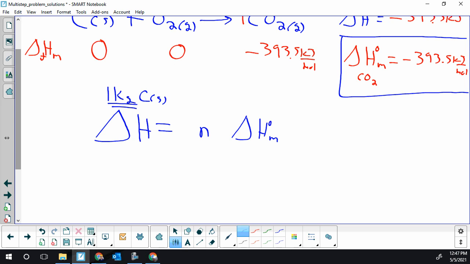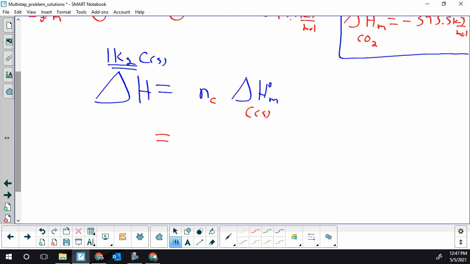of carbon. To emphasize that, I'm just going to put a little subscript C, so that is moles of carbon, and this is the molar enthalpy of carbon. I'm going to solve for my moles right in the balanced chemical equation. That carbon is a pure substance. It is not a solution, so we can use mass over molar mass.